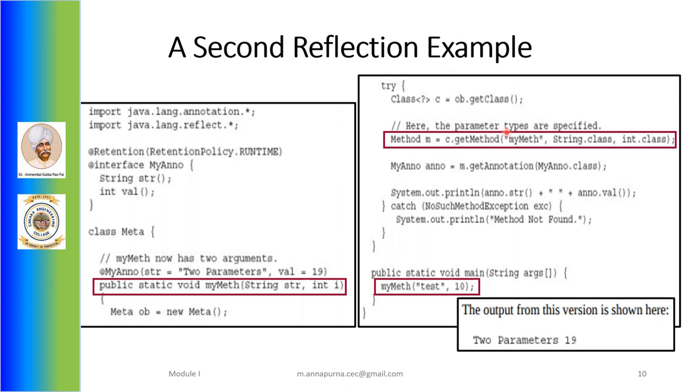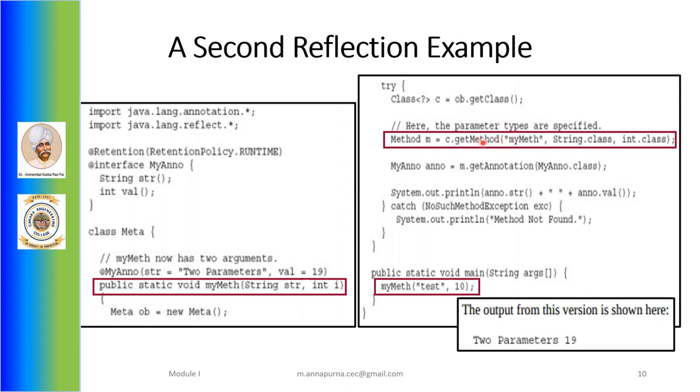So one among the parameters is the name of the method, myMath. Here the class objects that represent string and int are being passed as additional parameters. If you observe this line which invokes the get method, I have passed three parameters.